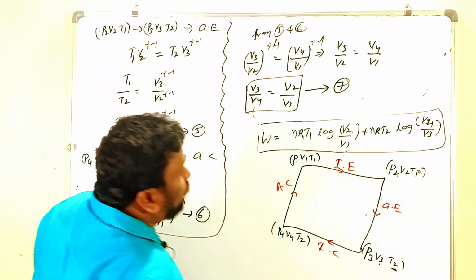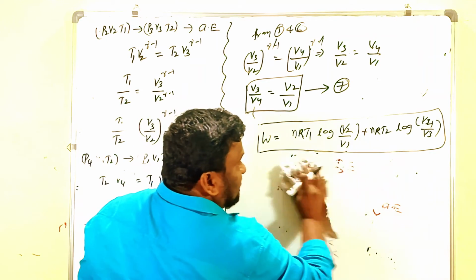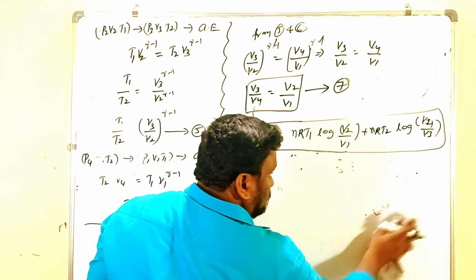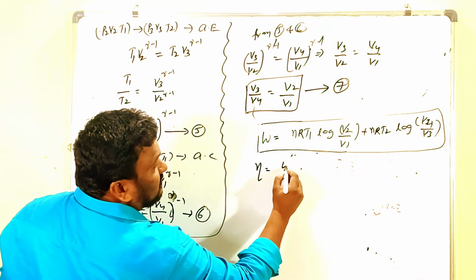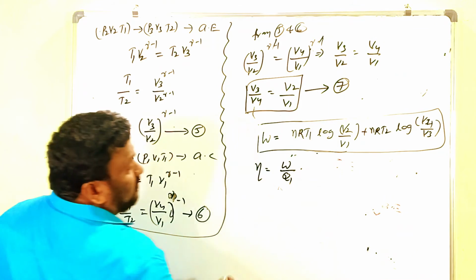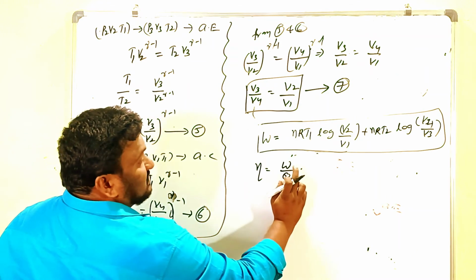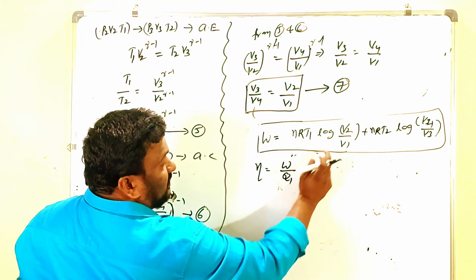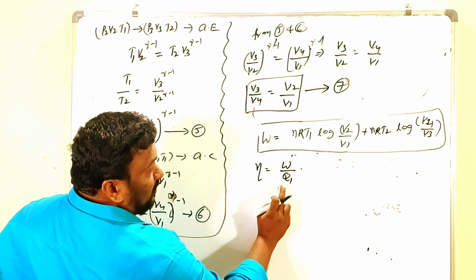So children, we have the efficiency formula. The efficiency of Carnot is nothing but W by Q1. Eta is equal to W by Q1. What is W? The total work done by the amount of heat taken from the source. So W by Q1.